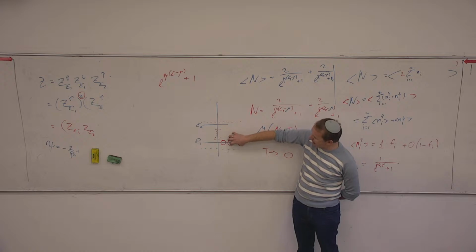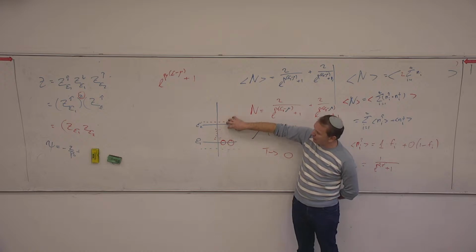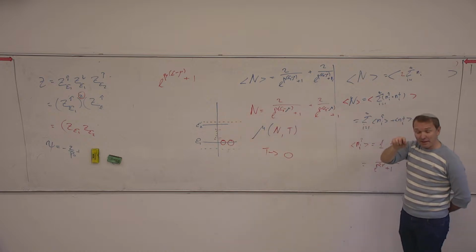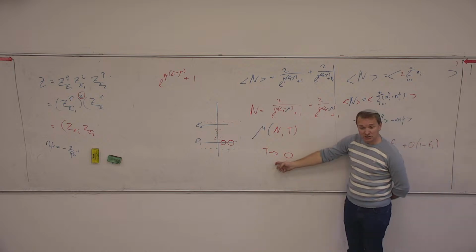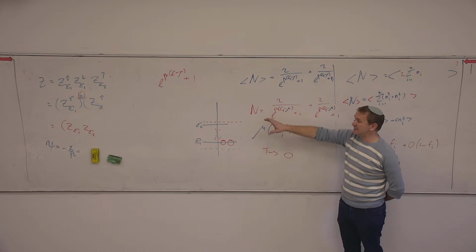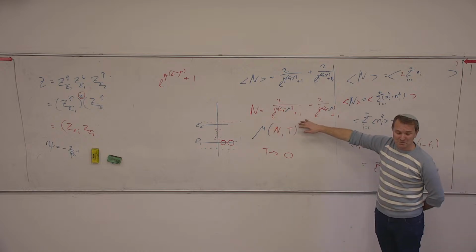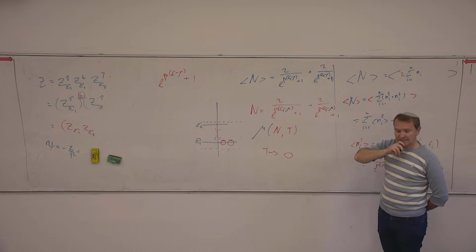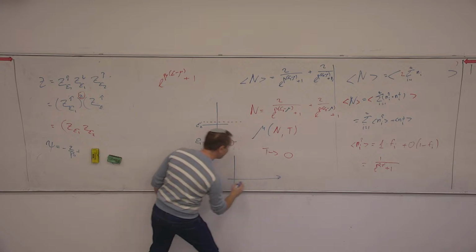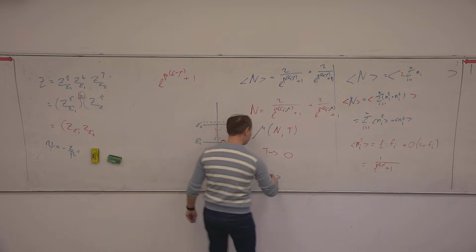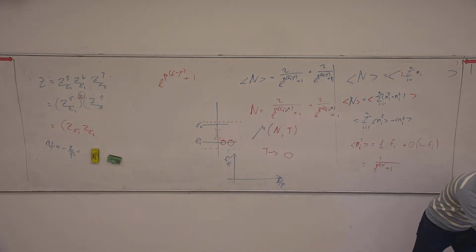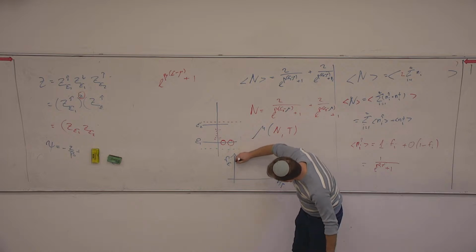I cannot have part of the particles over here and part of the particles over there in the t goes to 0 limit. It can be the situation when t is large enough, but for extremely small t, it is not. Only in this limit can I do this simple example. If you think about the occupation probability, F of epsilon, and here I have epsilon divided by mu, I know that in the low temperature limit, it's a step function.